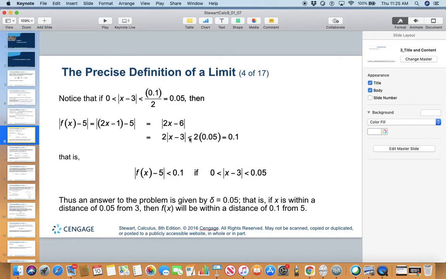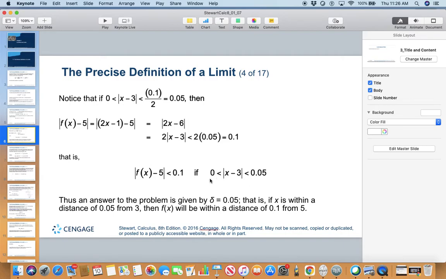The absolute value of x minus 3 is less than 0.05, and that gets you 0.1, 2 times this. In other words, if the absolute value of x minus 3 is less than 0.05, then the absolute value of f(x) minus 5 is less than 0.1. Notice how we speak in English: this phrase is true if this phrase is true.